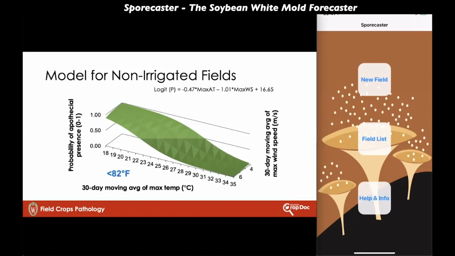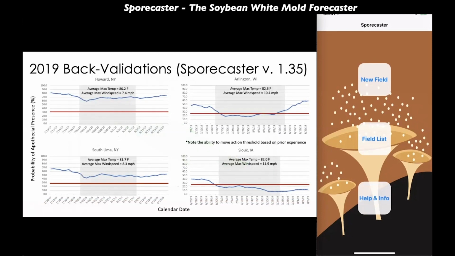We also use wind speed in this particular model to correct or offset a bit that maximum air temperature, but it's really all about air temperature and whether we're in that right range in order to have apothecial development. And then we're using that wind speed as sort of a drying component to further augment those probabilities. So it's a pretty simple idea, and we do run multiple models depending on whether you're in an irrigated or non-irrigated field, and whether you're on a narrow, say 15-inch row spacing versus 30-inch row spacing.